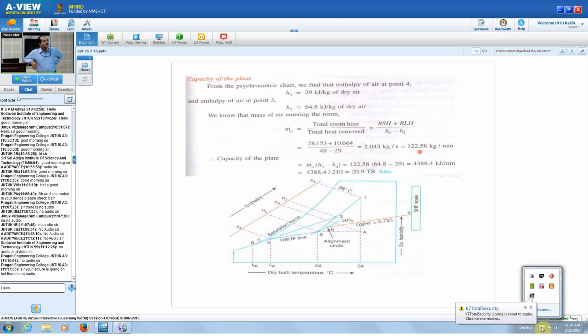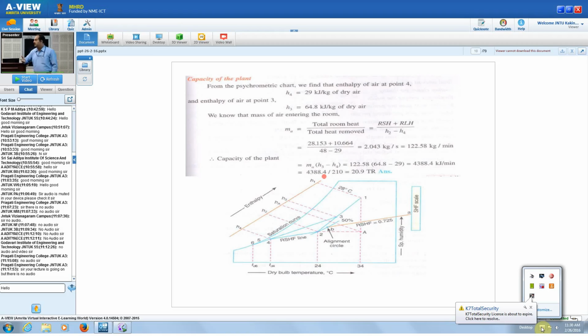Therefore, the capacity of the plant is the mass times the enthalpy difference, and from that value we get 4,388.4 kilojoules per minute.